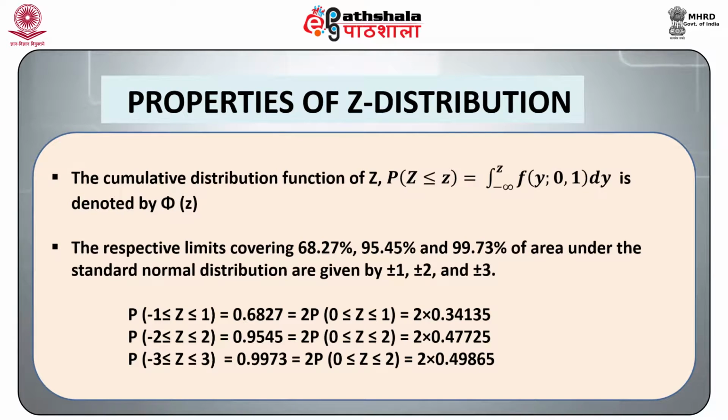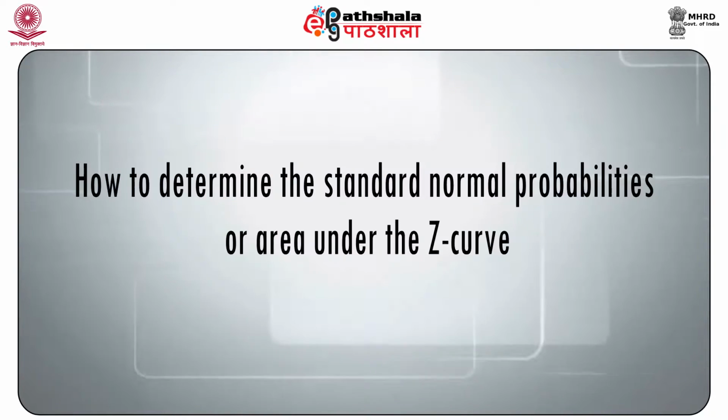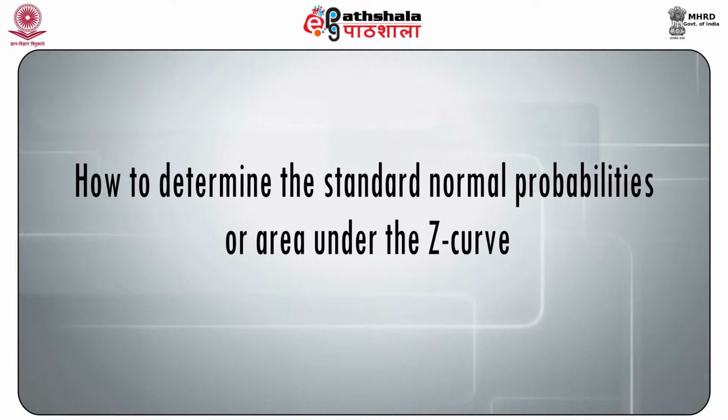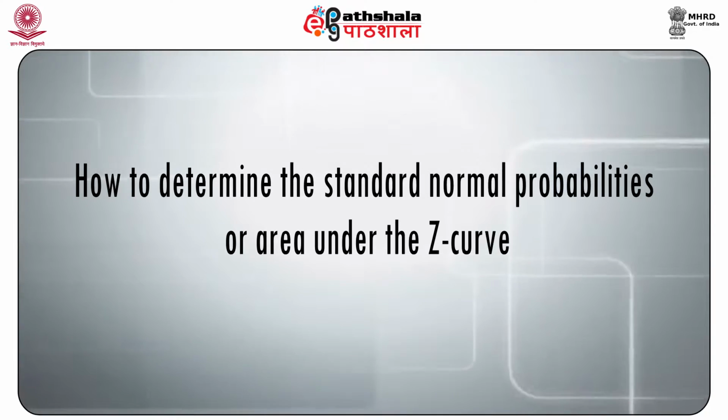P(minus 3 less than or equal to z less than or equal to 3) is equal to 0.9973, which is equal to 2P(0 less than or equal to z less than or equal to 3), which is equal to 2 into 0.49865.